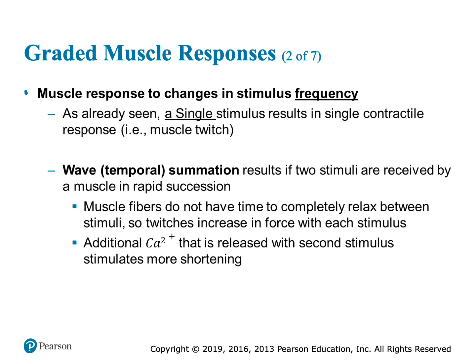So, temporal summation, also called wave summation, is when you zap that muscle repeatedly. So, like carrying the groceries. You are getting the stimulus, hold the grocery bag, hold the grocery bag. This is a repeat stimulus.